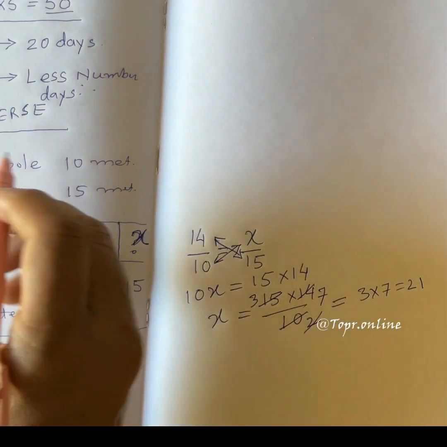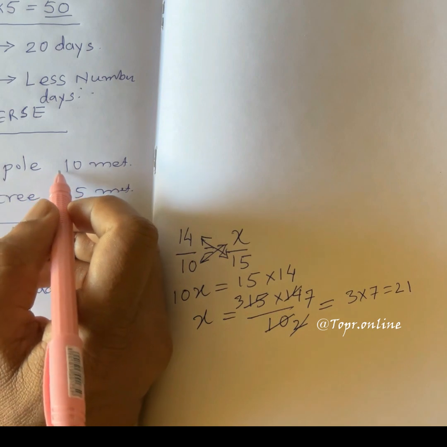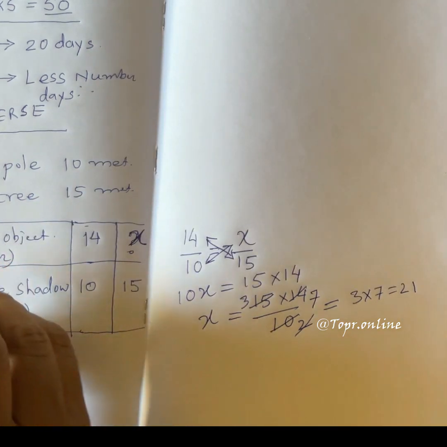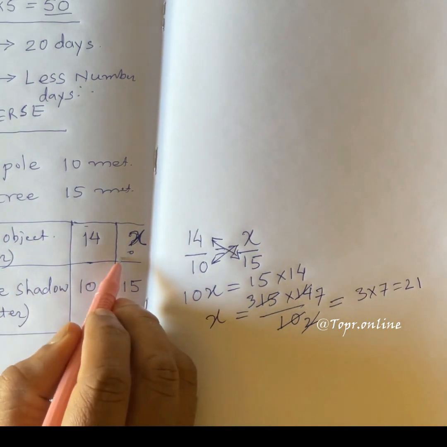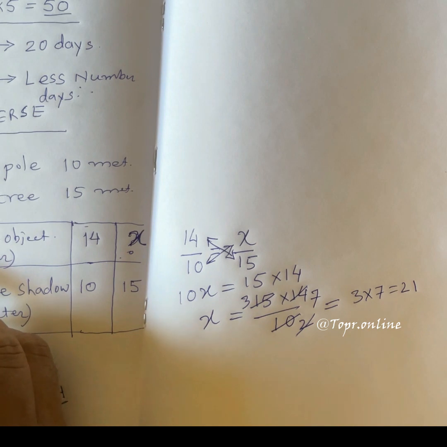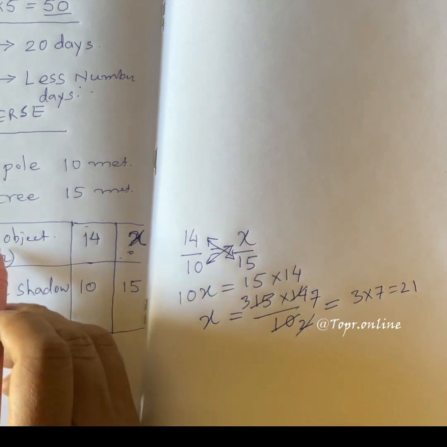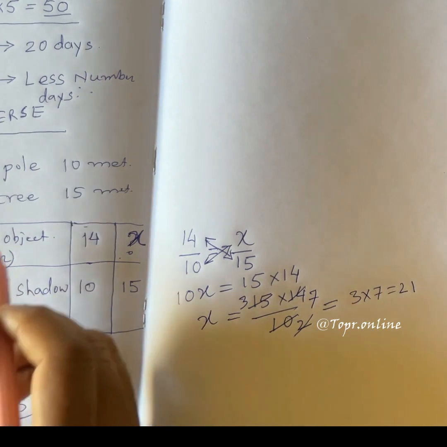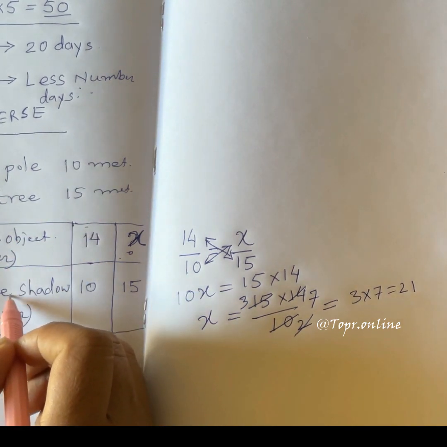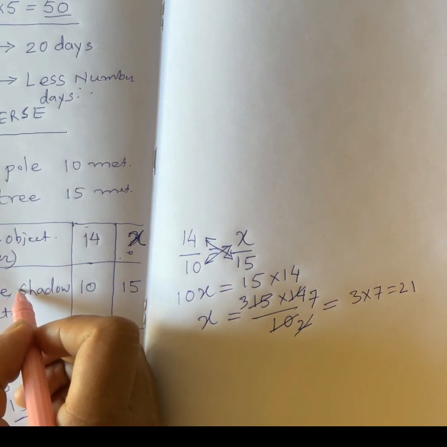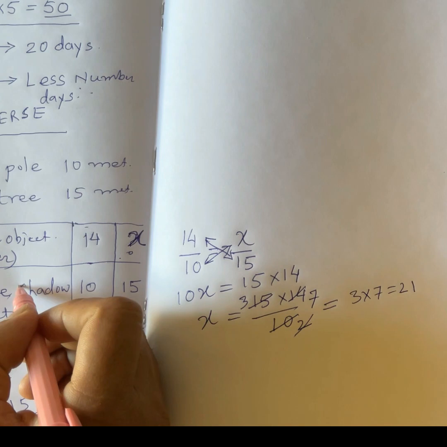To summarize, first write these parameters in a tabular format. Next find the relation between, in this case, the height of the object and the length of the shadow. These two parameters are in direct relation or inverse relation.